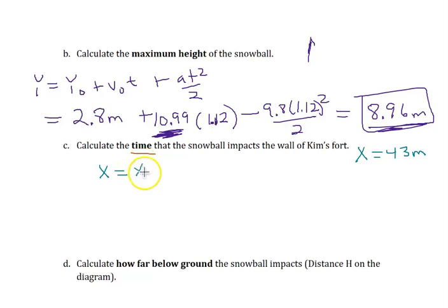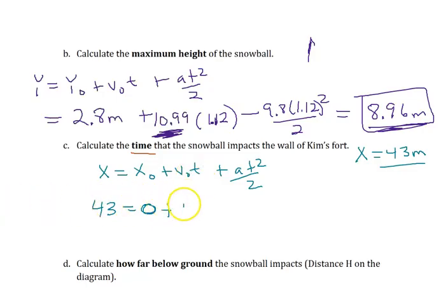And so you're always going to use the horizontal position function. I mean, you're never going to use the horizontal velocity function, right? Because it's constant. So the output of the horizontal position function is 43. It did not have a head start horizontally, only vertically. So it didn't have a head start this way.